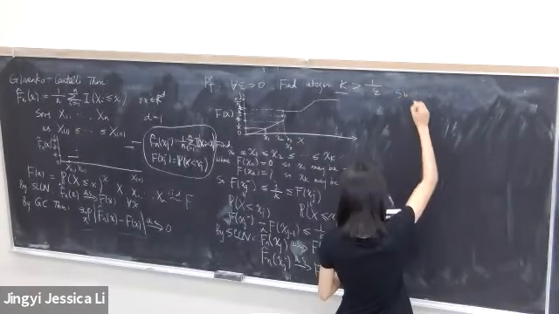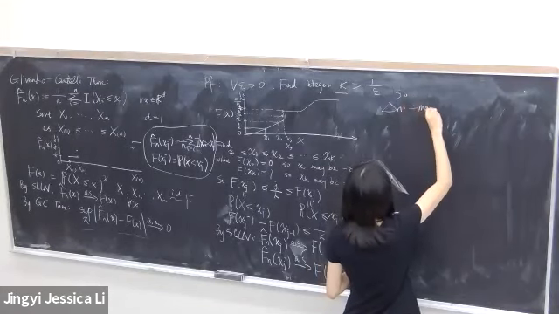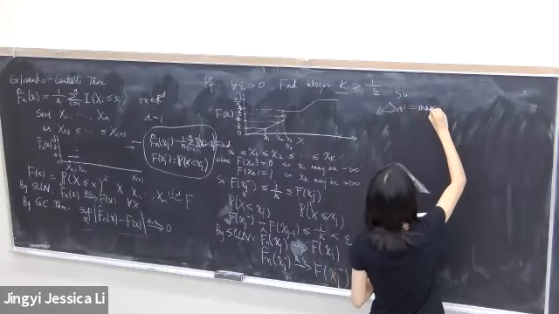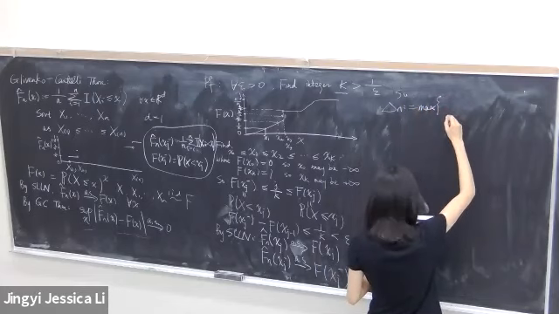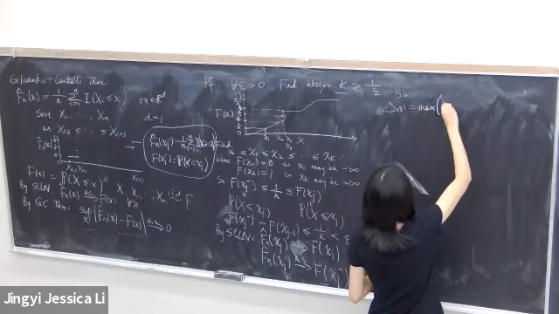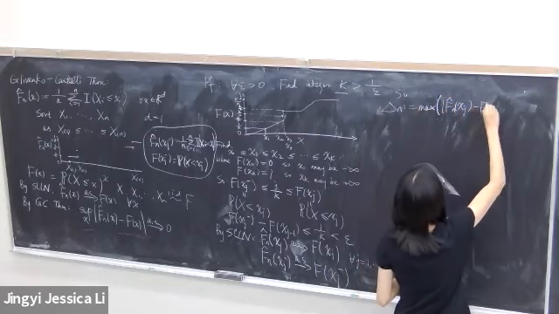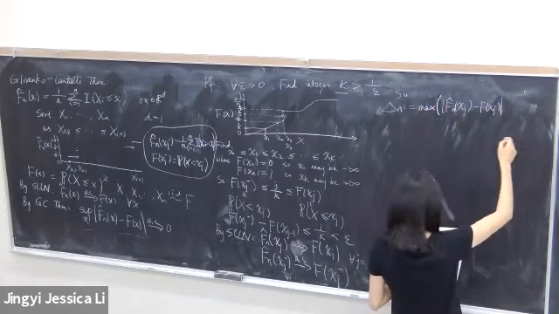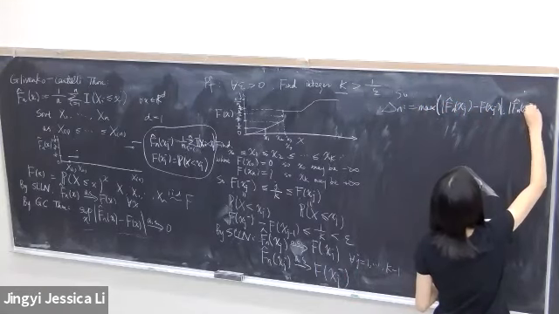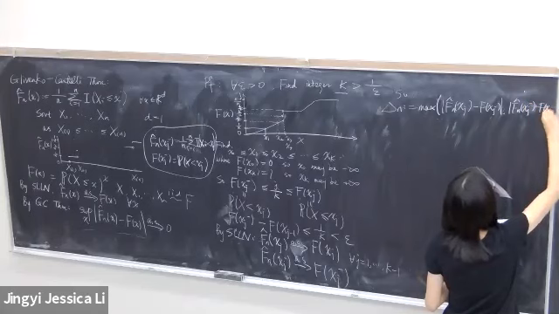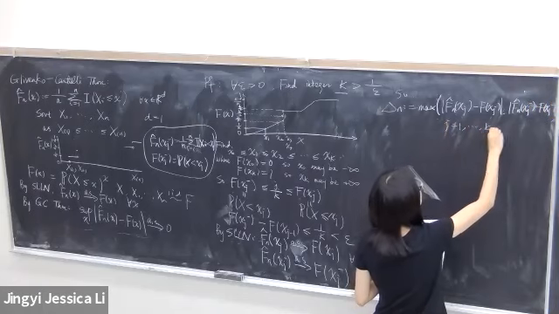So I'm just going to define this quantity called big Delta n, defined as the maximum of |F_n hat(xj) minus F(xj)|, as well as |F_n hat(xj minus) minus F(xj minus)|, where j goes from 1 to k minus 1.